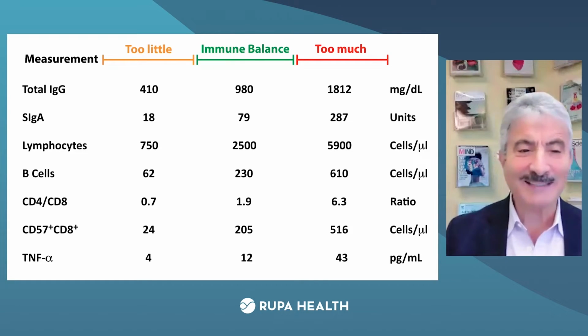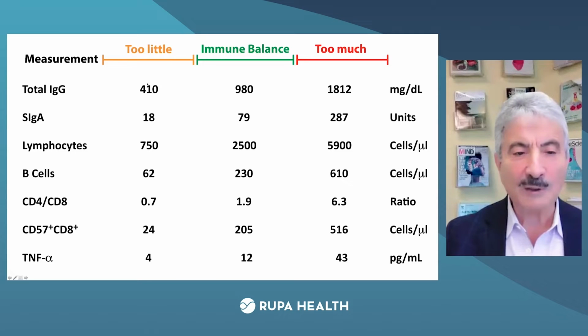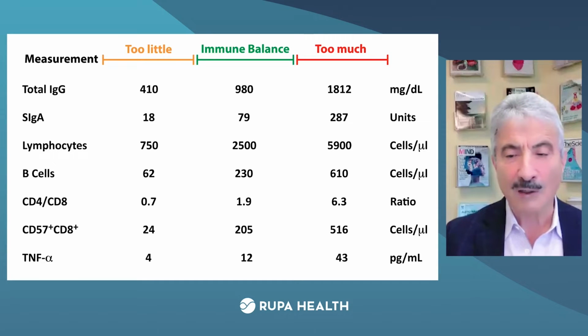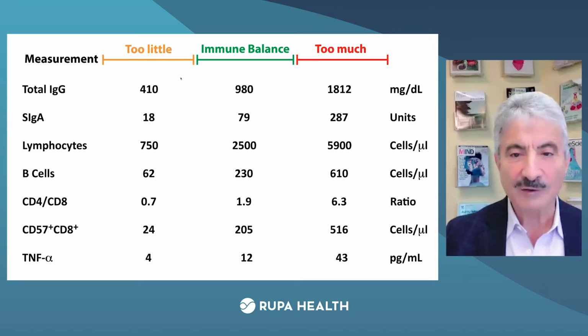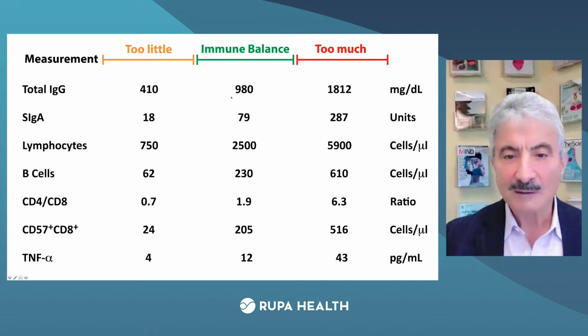And the pattern is that the one with too little immune system or hypoactivation of the immune system, if, for example, we look at total immunoglobulins, is low, 410. The normal starts from somewhere around 600 all the way to 1500. So this is the sweet range.